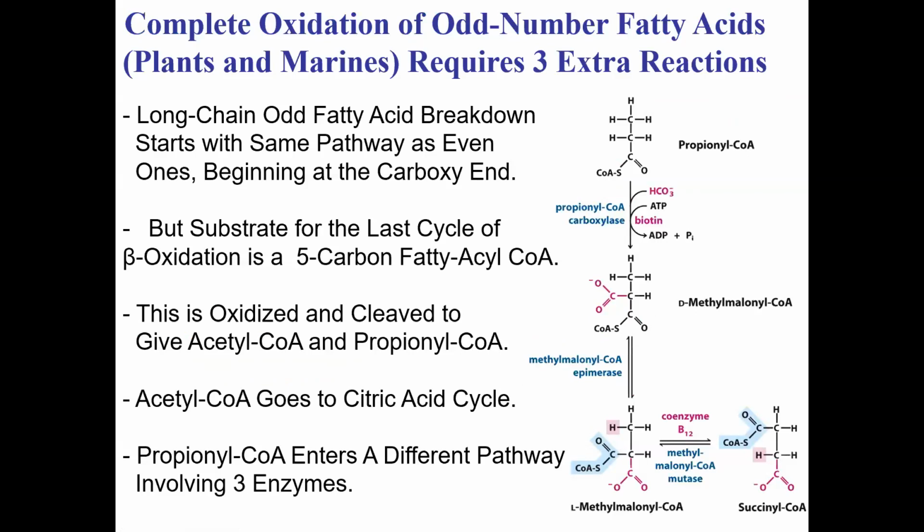All right. That brings me to a very interesting question that you already asked, right? What happens when you have an odd number of carbons in a fatty acid? One thing again I want to say is that most biological unsaturated fatty acids are in the cis configuration, right?